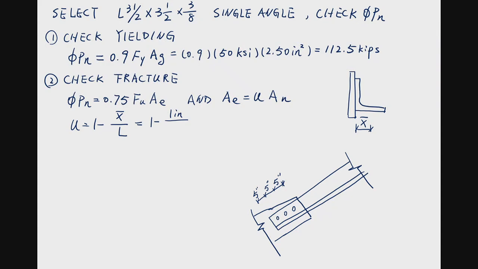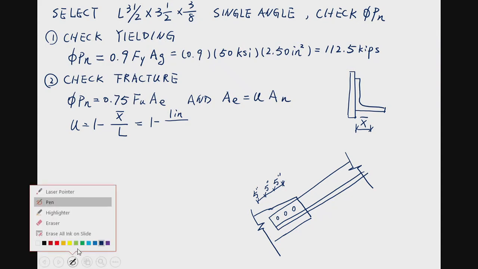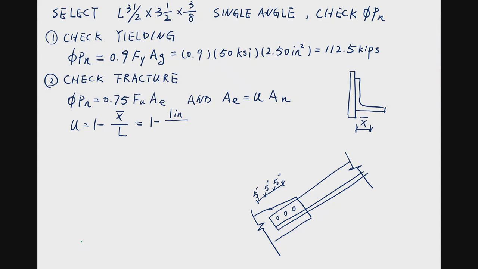All right. And then the walkable gauge distance given by the code is 2 inches. So the distance from the center of the bolt to the other edge is about 1.5 inches.